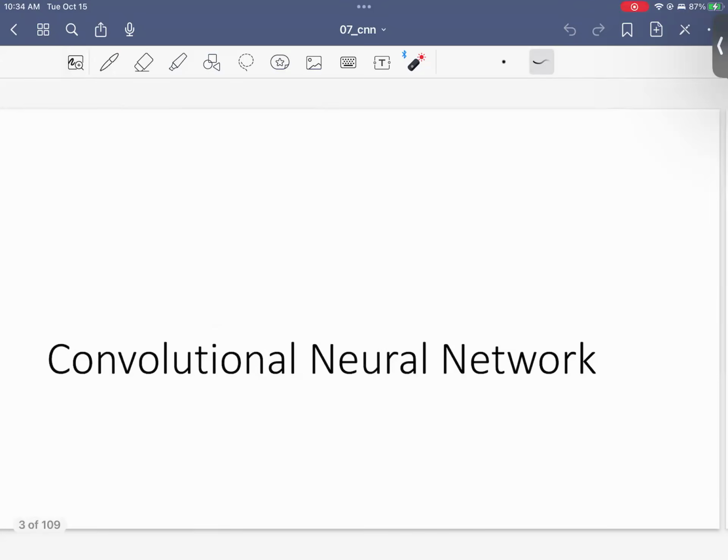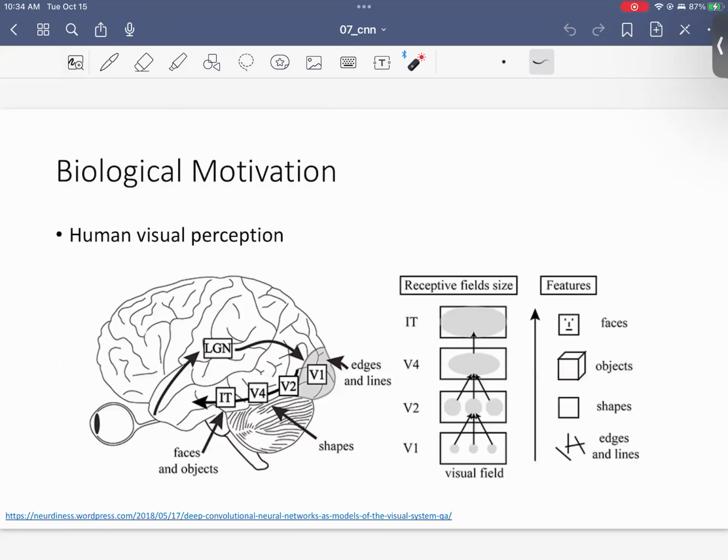Right. So CNN. This is something that I've only read from the papers, but the architecture or design of CNN was biologically motivated, like how human visual perception works. Basically, there's the eye, which receives photons and generates an electric signal, and then it goes through V1, V2, V4, IT.